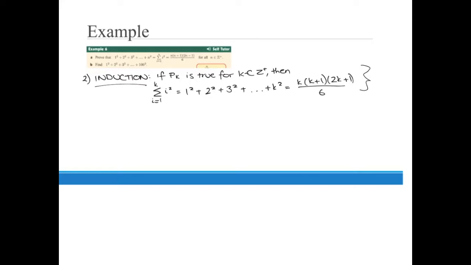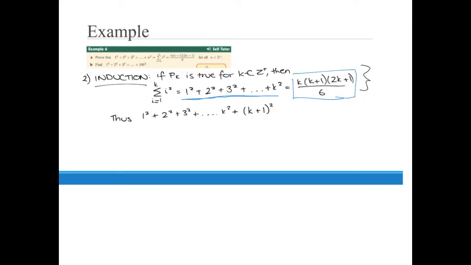So now we go to our next step, which is, thus, we say 1 squared plus 2 squared plus 3 squared plus all the way up to k squared, which we had before, but now we're going to go plus (k plus 1) squared because we're finding Pk plus 1. Now if we have a look at what we've got here, we know from above, from what we're assuming, that 1 squared plus 2 squared plus 3 squared all the way up to k squared is equal to this.